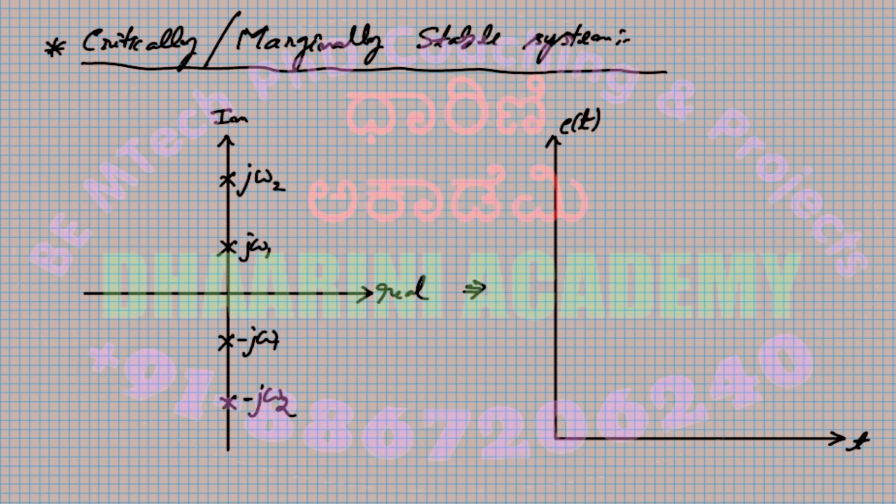Do you recall the example we gave for the marginally stable system? What was the example? Please refer. The pendulum, right? It's continuously oscillating.